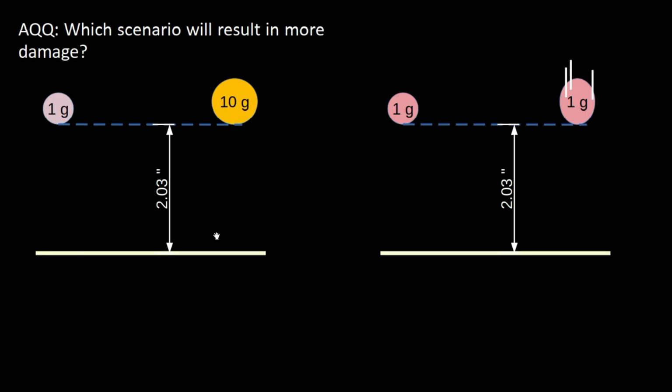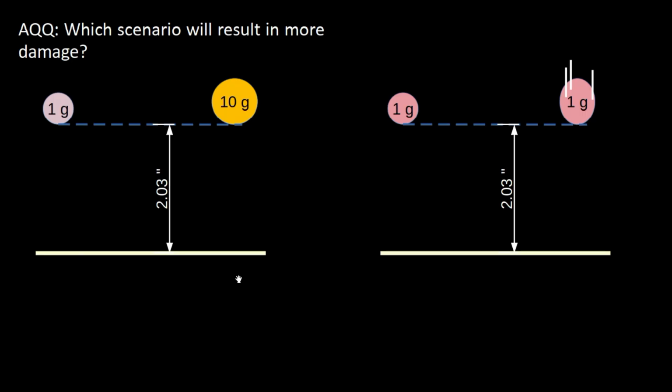Right, 10 grams will have more momentum. What about these two objects, which will have more momentum by the time they reach the ground? Yes, 1 kg which is already moving will have more momentum, because it will have more velocity. Here the mass is same, the velocity is more. Here the velocity will be same.